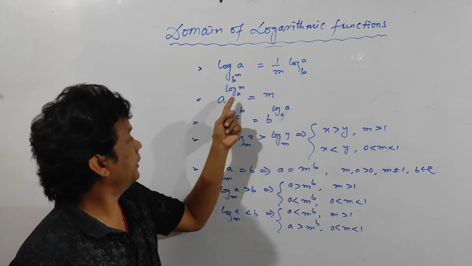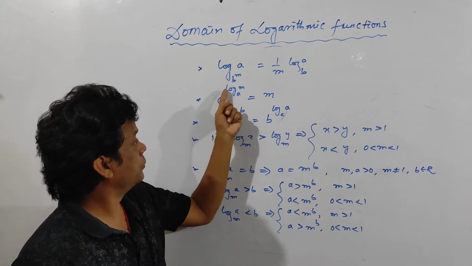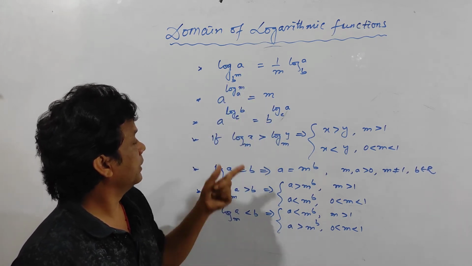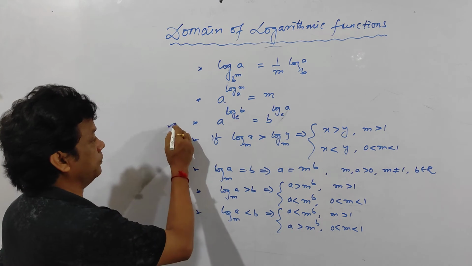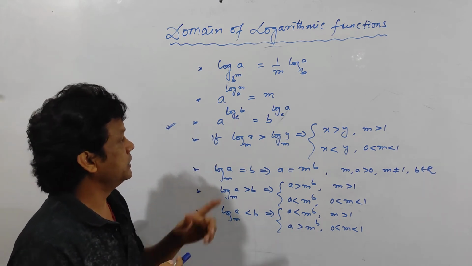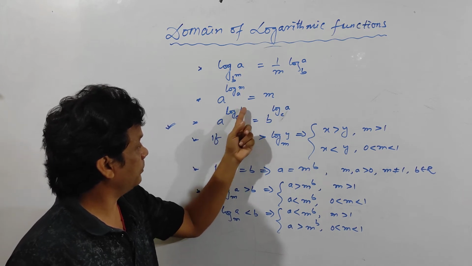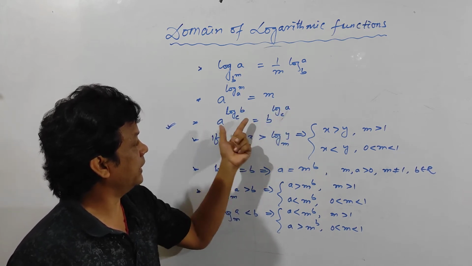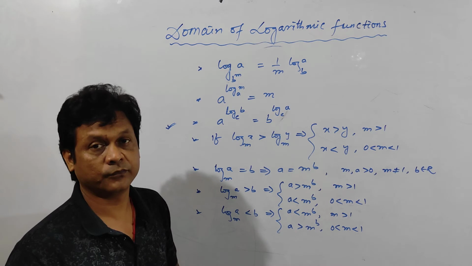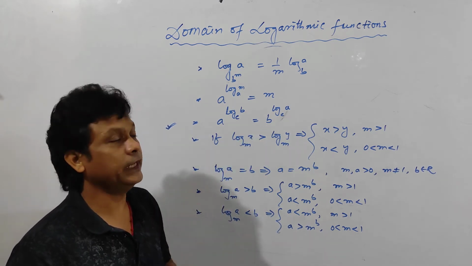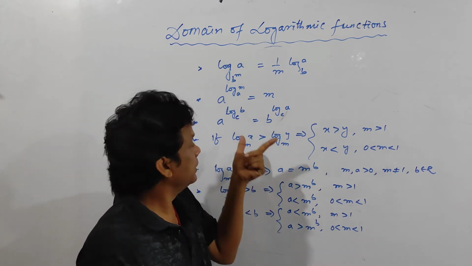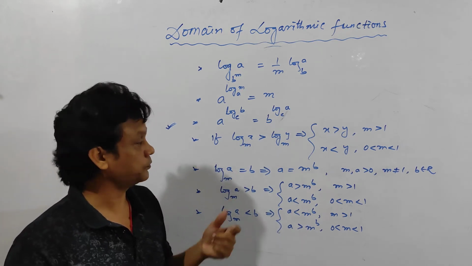And if both the bases are the same, the answer will be equal to n. And this property is a very important property. See here, base c is there, and these two can be interchanged. We can write this one as this one. While solving derivatives or integrations, this property is very important.